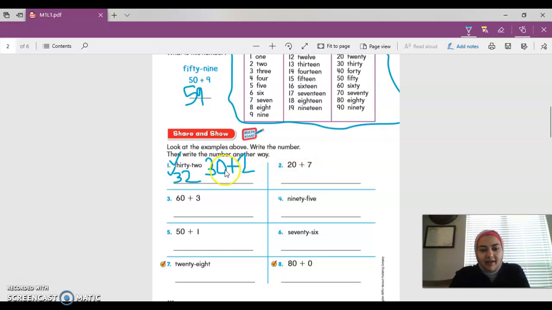All right. Well, let's see. Number 2, look, they already wrote it for us in expanded form, so you're going to write it in word form, 20 plus 7. So you can write 20 plus 7 is what? First, we're going to write it in the numeral form, the way we know how to write it, 27. And now you're going to write it in word form, 27. Where's 20? Oh, 20 is right here. Let's write 20.